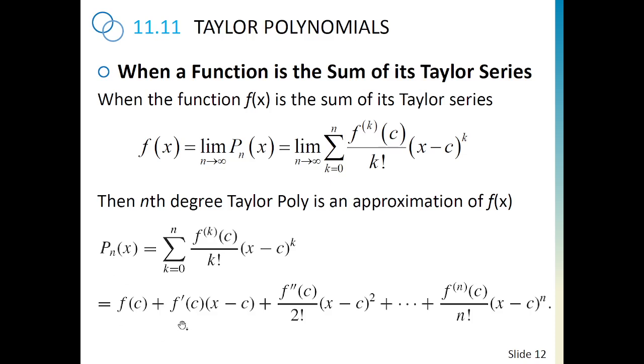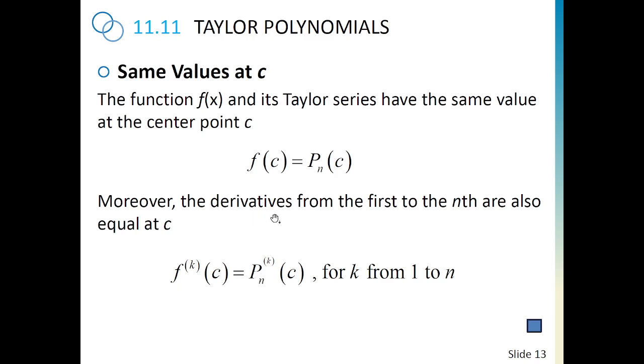So whenever we evaluate the polynomial at the center of the series, it's equal to the function at the center of the series. That's also true for all the n derivatives of the polynomial. This is just an observation, nothing special about it.